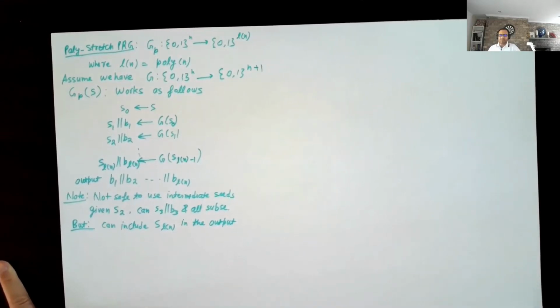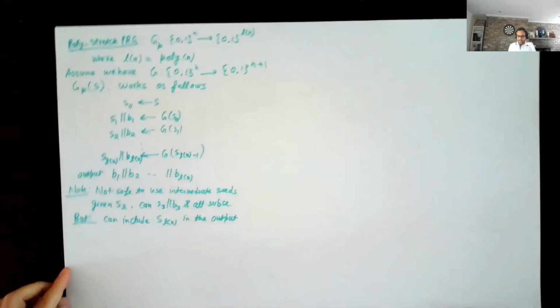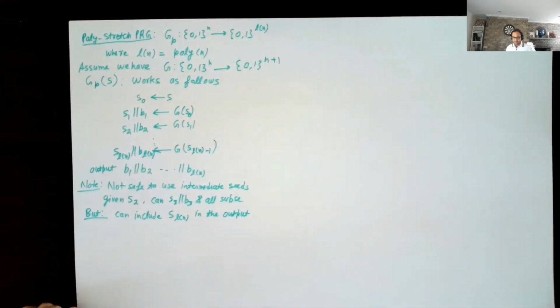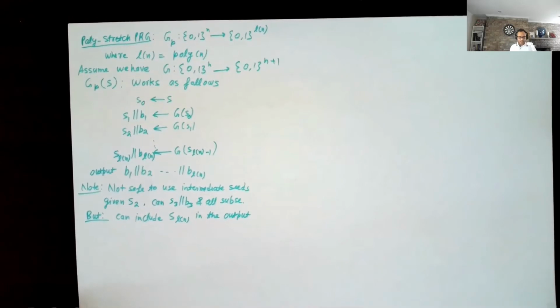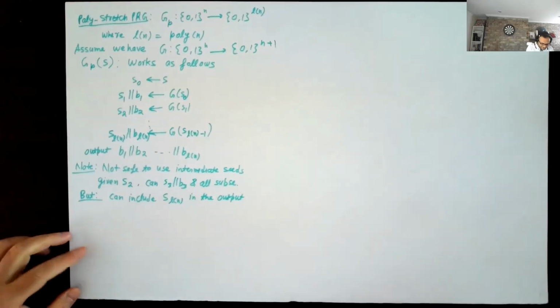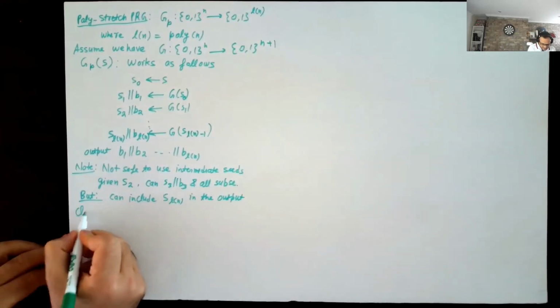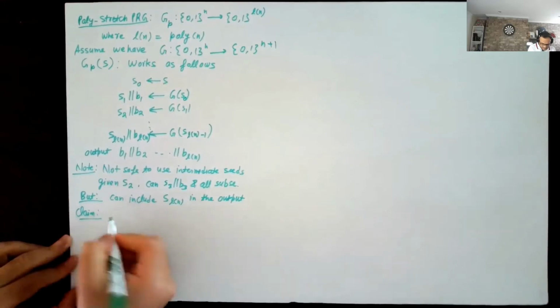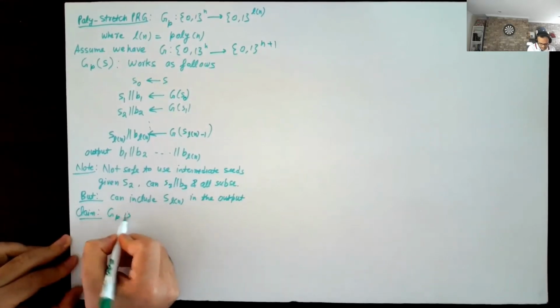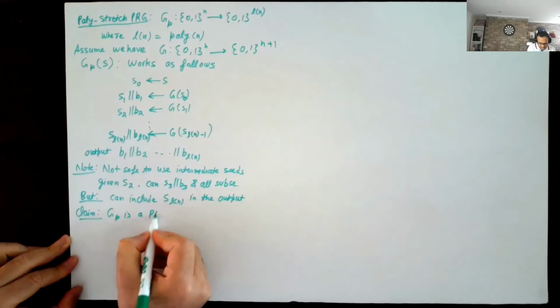It doesn't really make a difference, so just for cleanliness, we don't include it in the output. We just include these free bits, and that's what our output would be. And now let's try to analyze this. Now my claim is that GP is indeed a PRG.